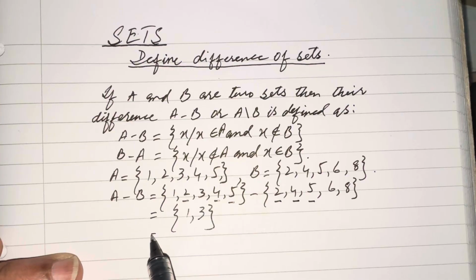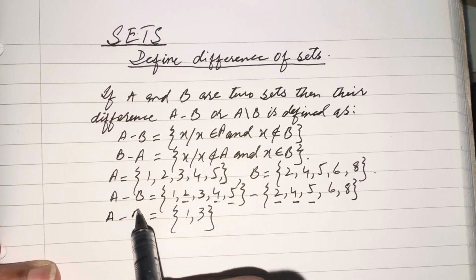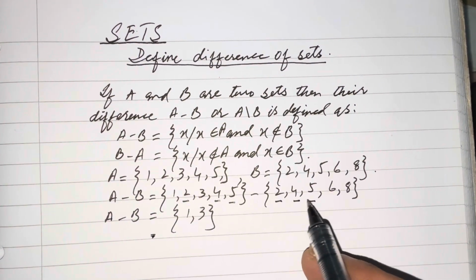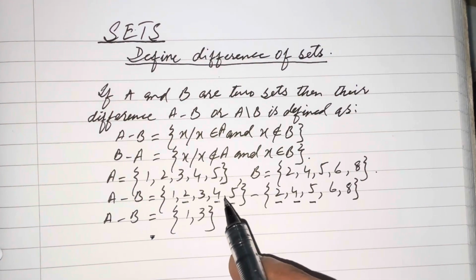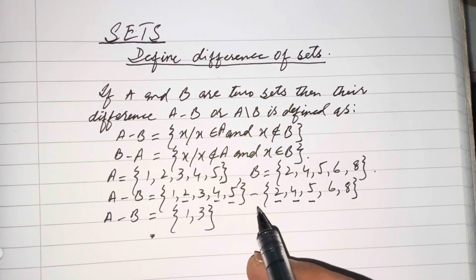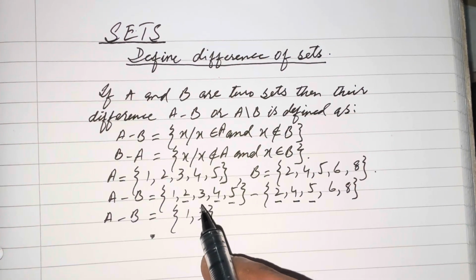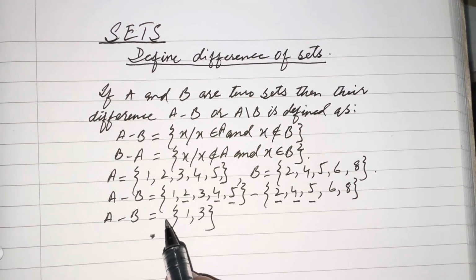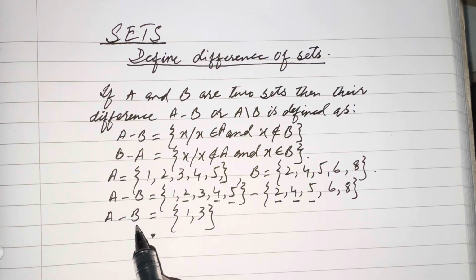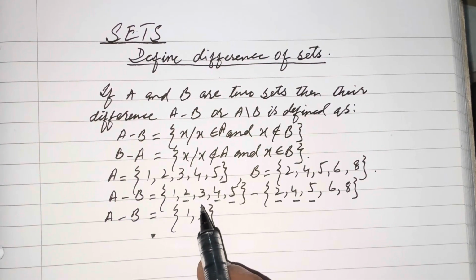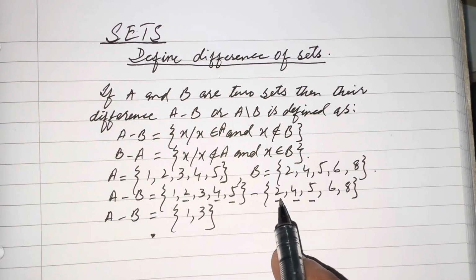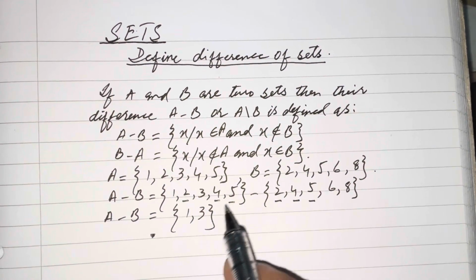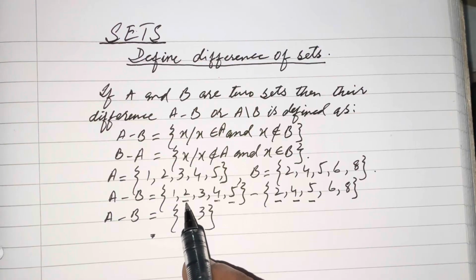That's the difference of the sets A minus B. When we have to find the difference between two sets, remember that the remaining elements of the first set are written as the answer of the difference of A and B. When we see the common elements in both of these sets, these common elements will be removed, and the remainder elements of the first set will be the answer.